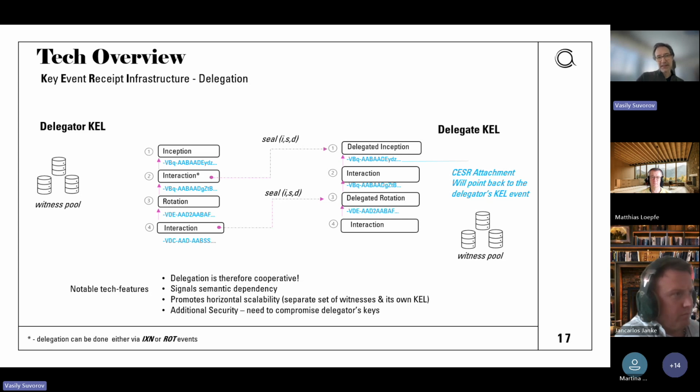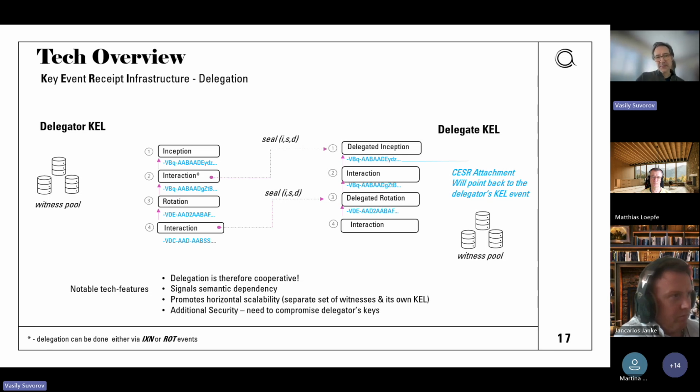So the delegate identifier is I, the sequence is 0, and the digest is the digest of the delegated inception event, right? Which means that there can be two different witness pools, one for the delegate, one for the delegator. And the witnesses know the rules, and anybody else should know those rules.